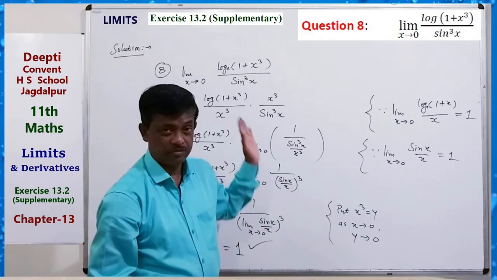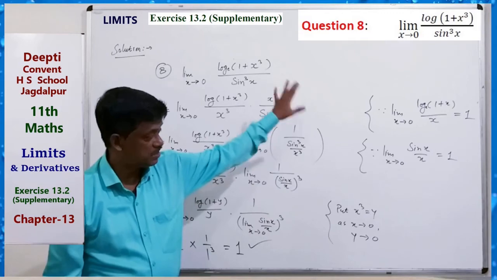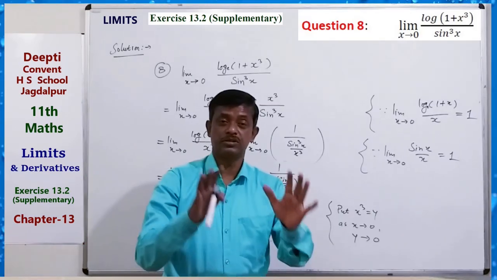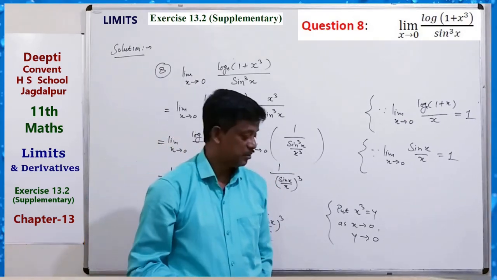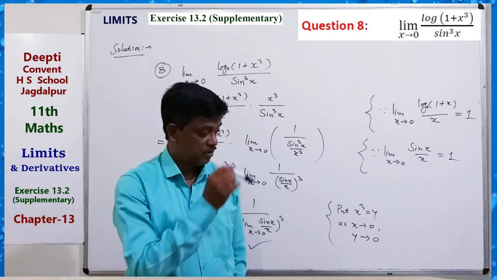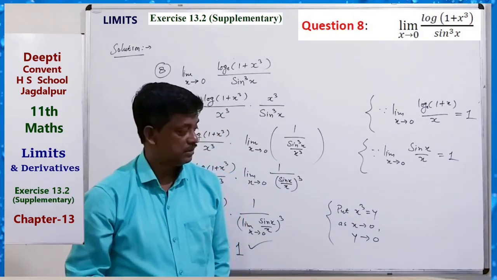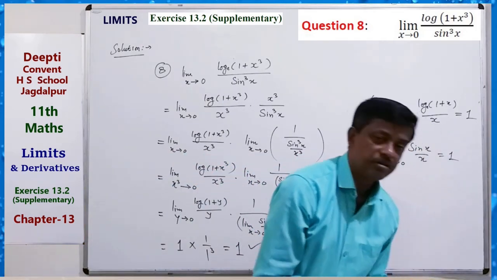So 13.2 supplementary exercise is completed by this special formula, and in the next class we will discuss the solutions of questions from the 13.1 exercise. Just do all these questions in your copy and send me some solutions for your attendance.